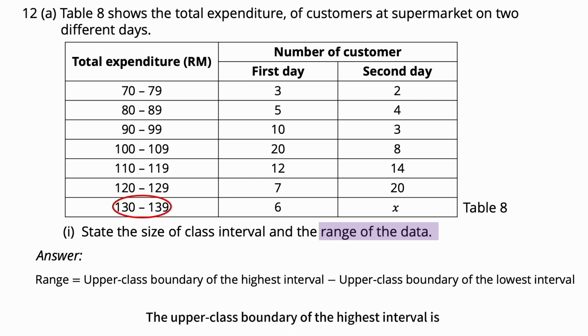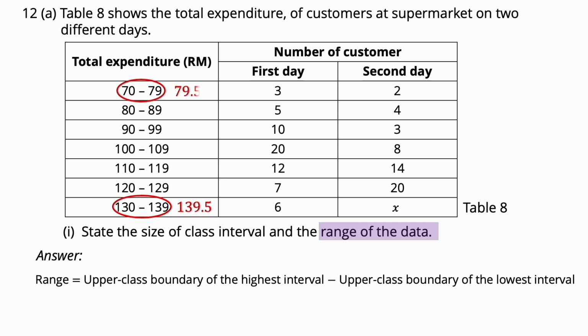The upper class boundary of the highest interval is 139.5. And the upper class boundary of the lowest interval is 79.5. 139.5 minus 79.5 equals 60. The range of the data is 60.